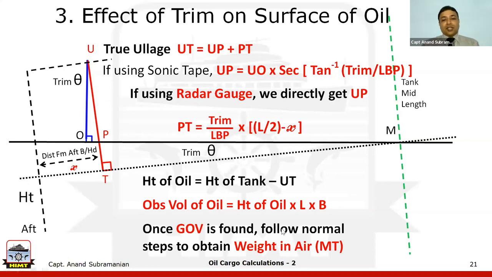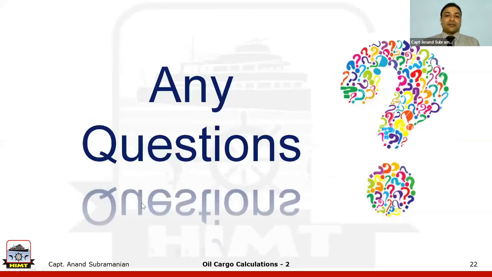Once the GOV is known, we find out the GSV, then we find out the density minus 0.0011, and then we find out the weight in air. This particular part is the simplest thing, unless you make a mistake in getting those factors. All the difficulty is in finding out the height of the oil, that is, finding out this UT. Once we find out the UT, we can find out the height of the oil.